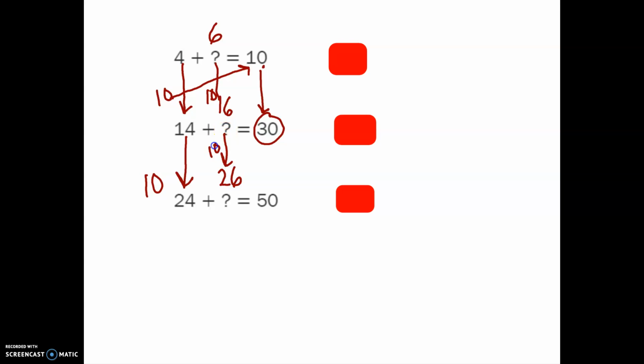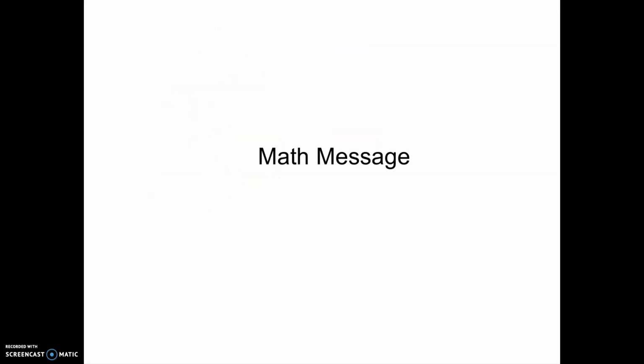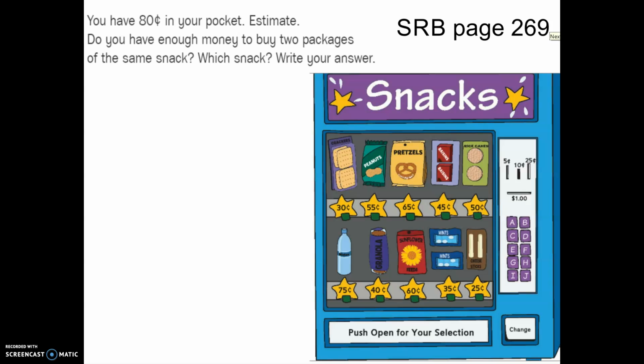And I'm going to take all those 10s and add them to the 30. 10 plus 10 is 20, plus 30 is going to be 50. This is an example, boys and girls, of sometimes you need to do more than one thing to find the answer. So we're going to work on some math message and some practice problems here.